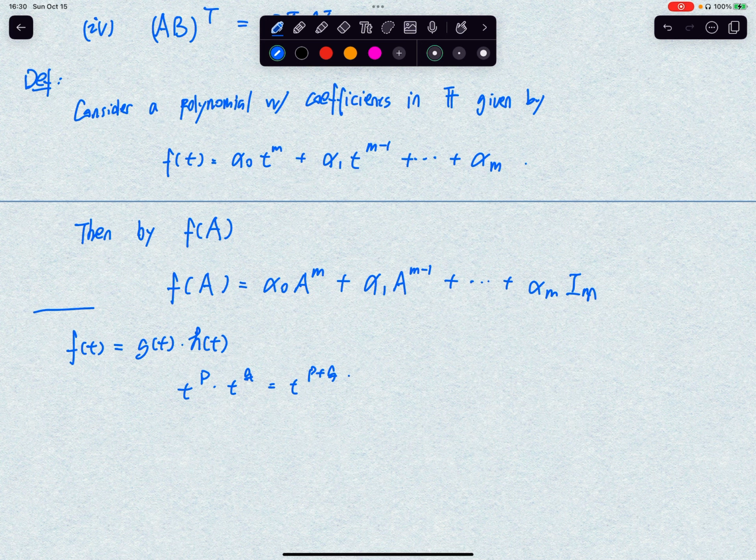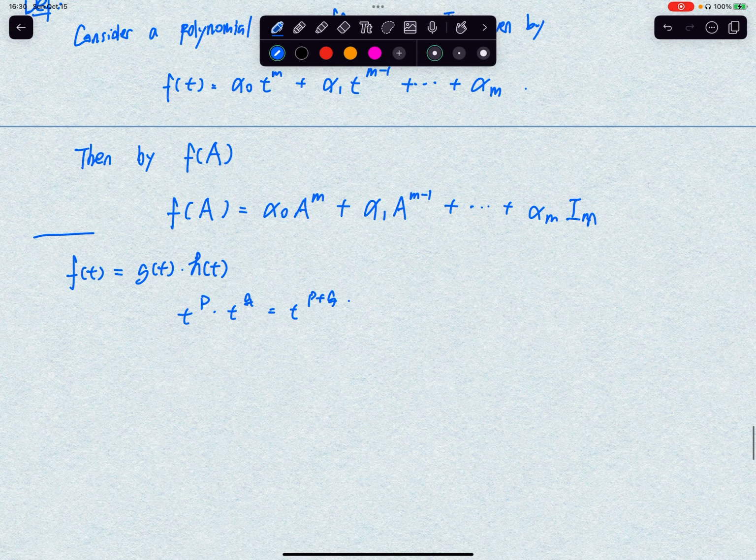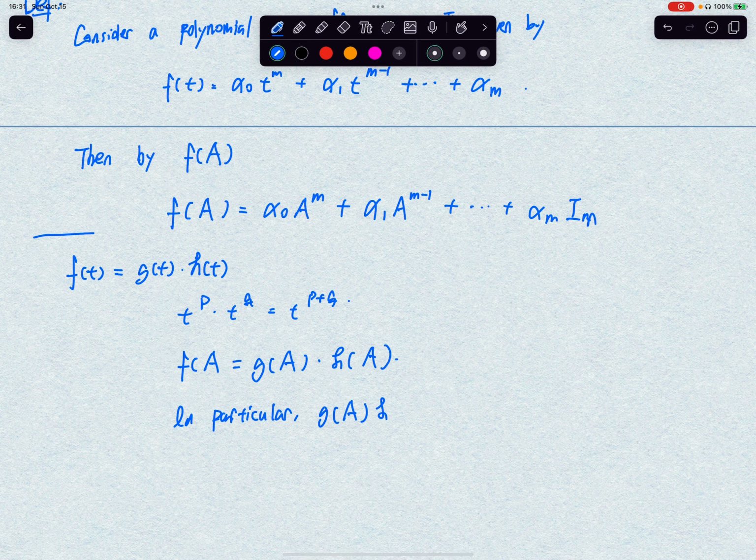And since all the operations remain valid when the scalar t is replaced by the matrix A, we really have that f of A equals g of A times h of A. In particular, we have g of A h of A equals h of A g of A. So that is, two polynomials in one and the same matrix are always permutable.